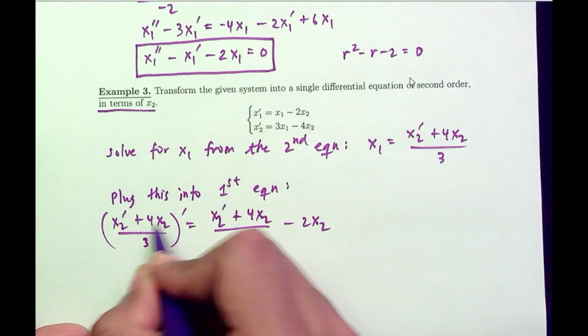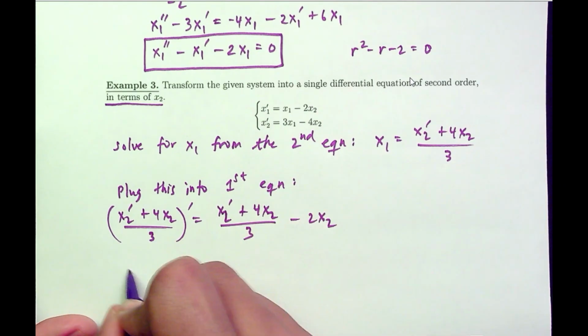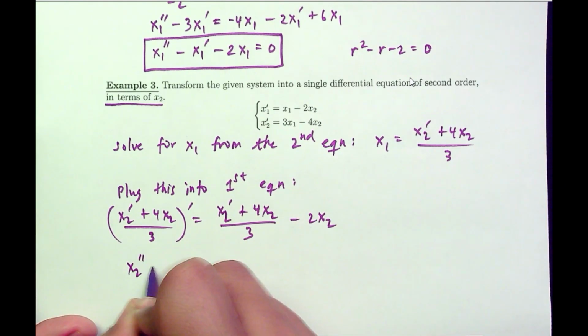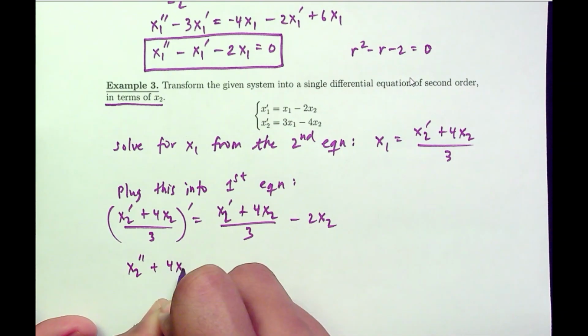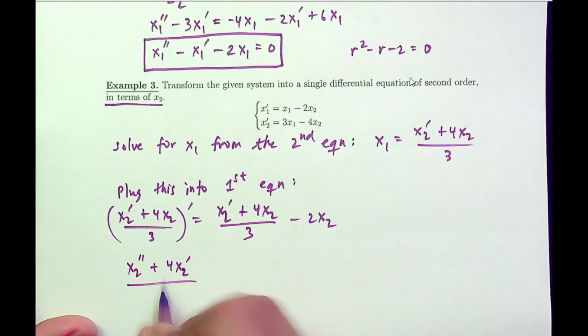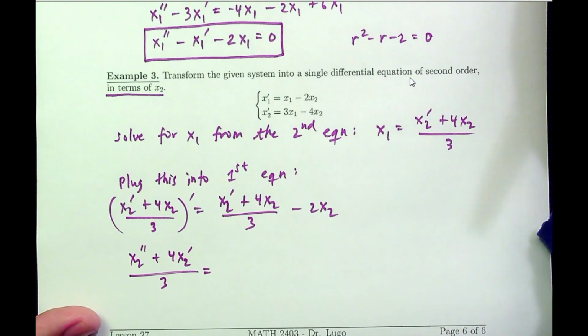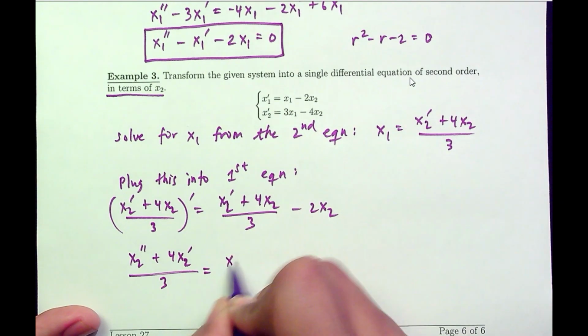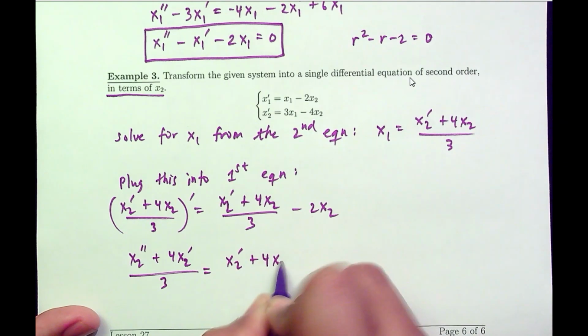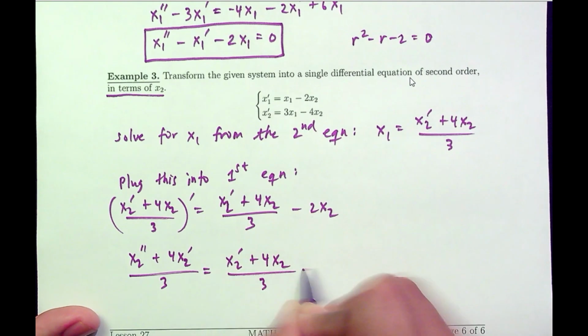Now take this derivative. This is x2 double prime plus 4x2 prime, all that over 3 equals x2 prime plus 4x2, all that over 3 minus 2x2.